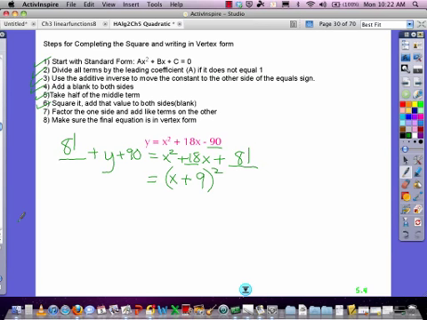And on this side, left-hand side, we're looking at some arithmetic. The 81 and 90 need to be added, but keep the y first, so we have our equation in vertex form. 81 and 90 gives us a 171. So when we complete this one, we factored, make sure the final equation is in vertex form, and if we look at it carefully, that vertex is staring at us.